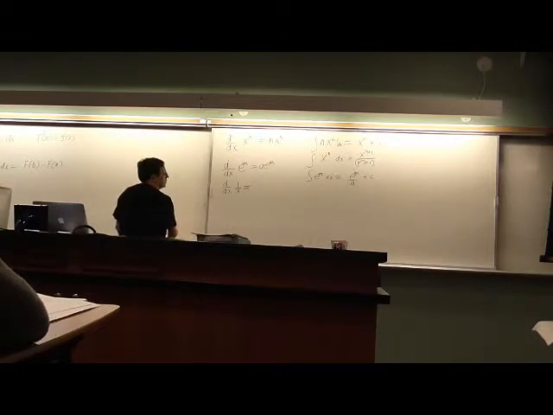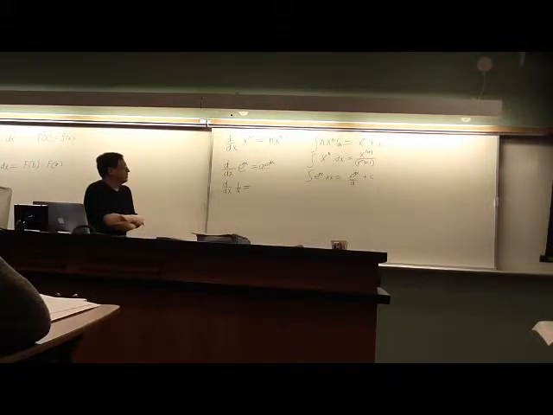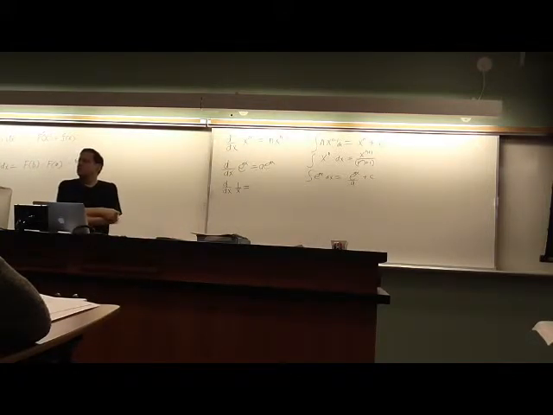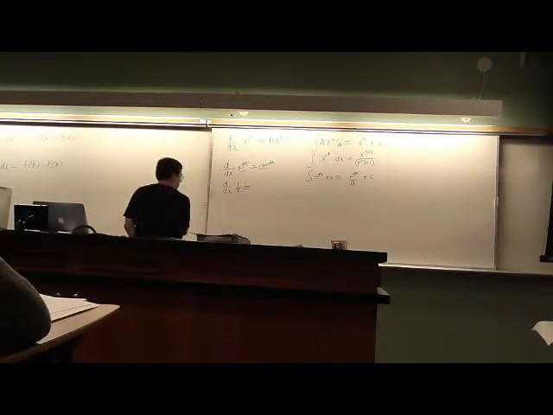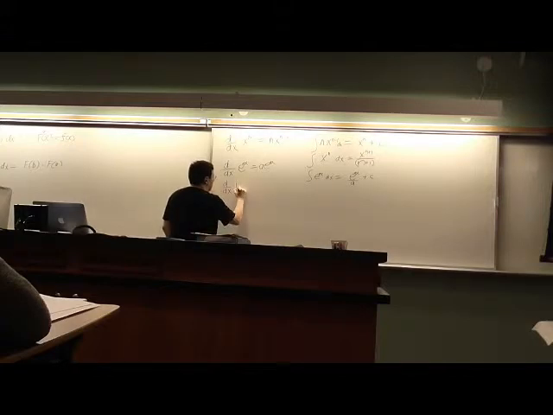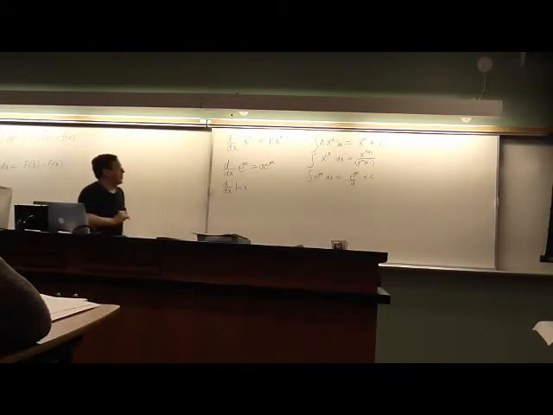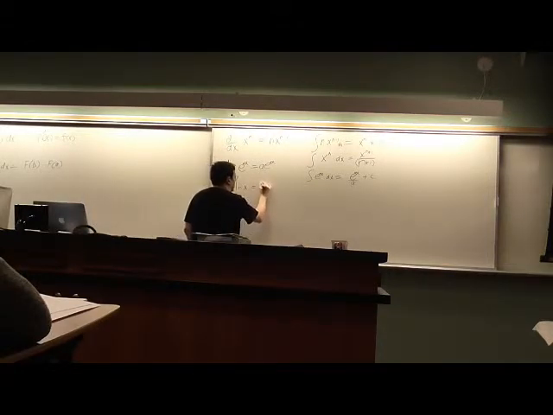No. Yeah, derivative of 1 over x is negative 1 over x squared. I thought that wasn't the one I wanted. Oh, thank you. What's the derivative of the natural log of x? That's 1 over x. Okay.